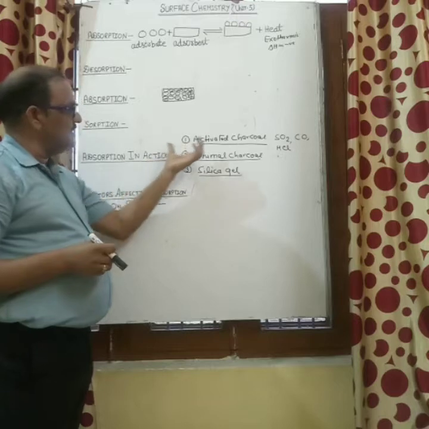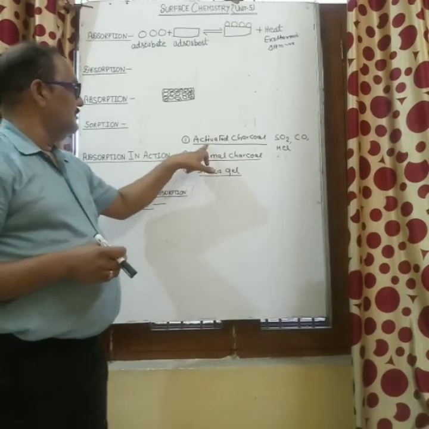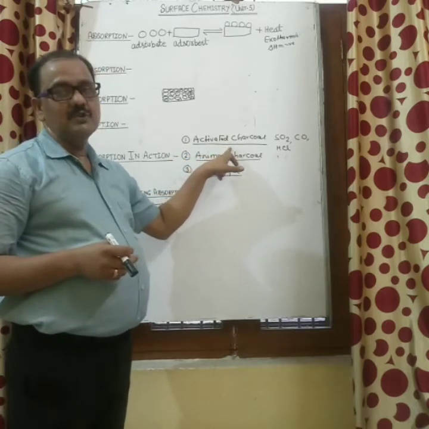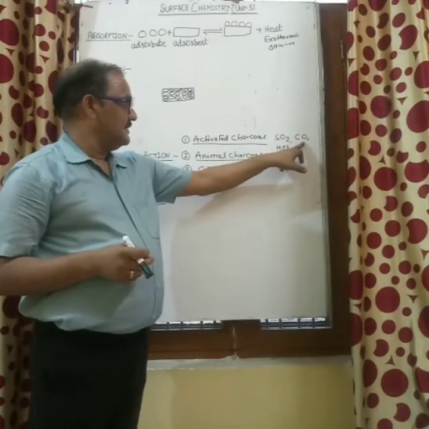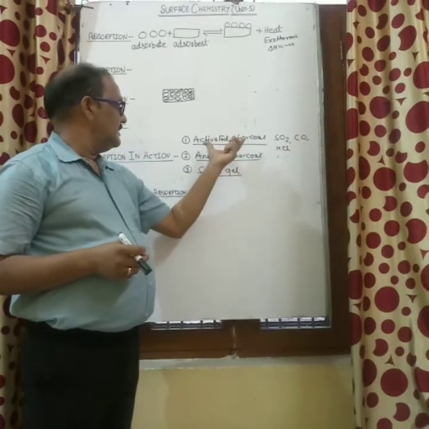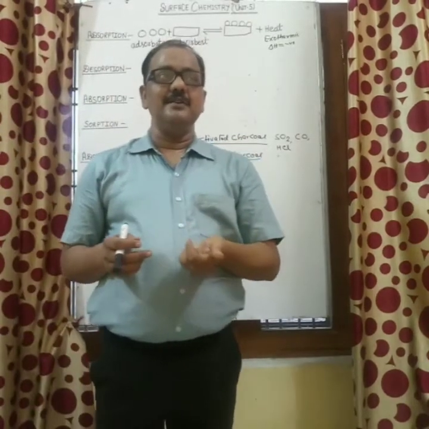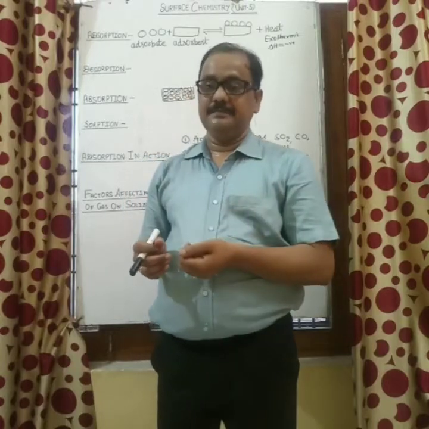Okay, so these are the adsorption in action, meaning uses. If you look at the uses of adsorption, the first is activated charcoal, used to remove different gases, either to create a vacuum or to reduce the pressure.